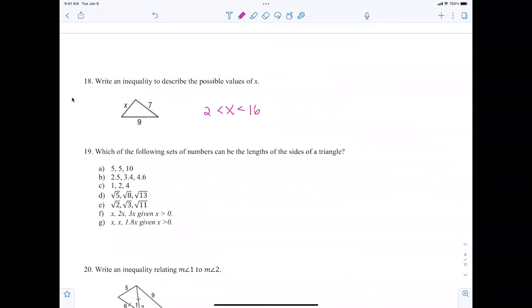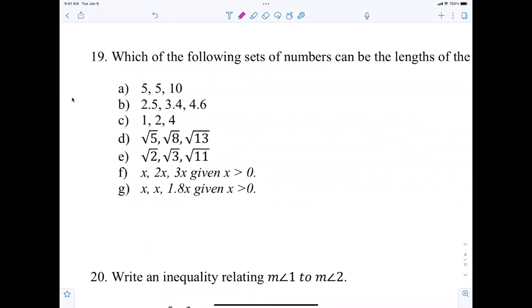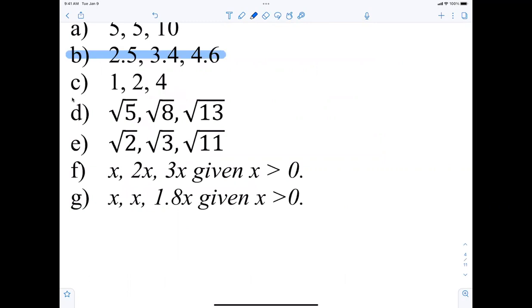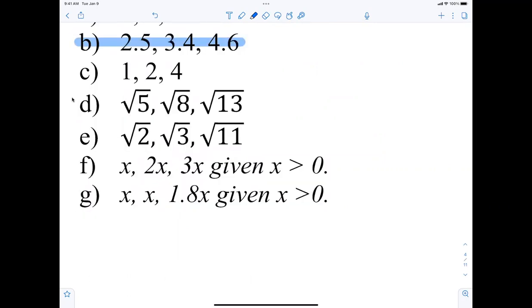All right, let's knock out 19 real quick. Which of the following sets of numbers can be the lengths of sides of a triangle? So let's just highlight the ones. Is A? No. What about B? Yes. What about C? No. Oh, square root of 5 plus square root of 8, square root of 13. So let's pretend like we don't know what the square root of 5, square root of 8, and square root of 13 are.